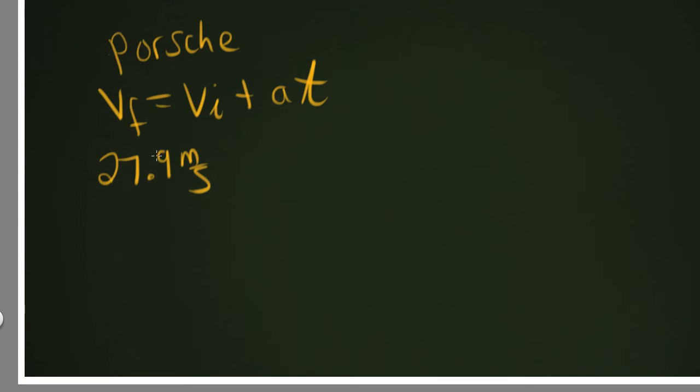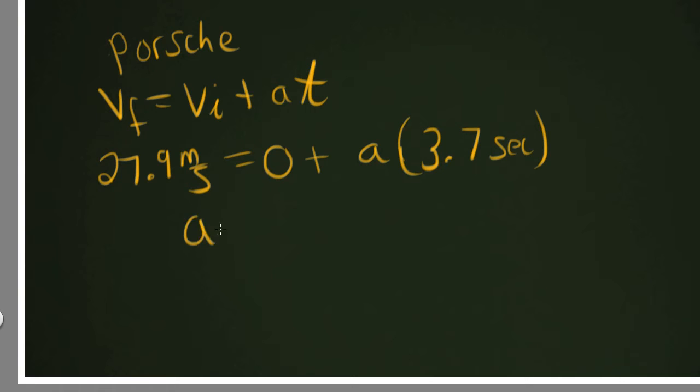I think it was 62 miles per hour, and I converted that. That equals the initial speed of 0, plus the acceleration we're looking for, times the time, 3.7 seconds. So I solve for a, and I get 7.54 meters per second squared.